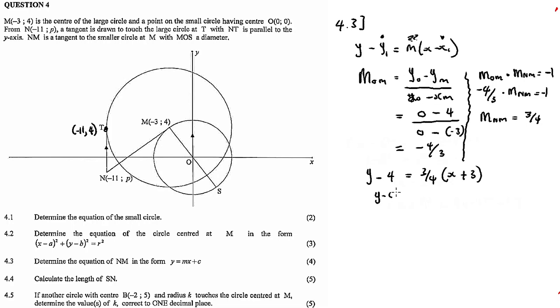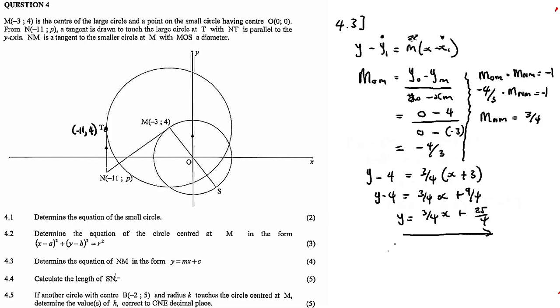We simplify: 3 over 4 x plus 9 over 4. y is equal to 3 over 4 x plus, when I transpose the 4 to the other side, 9 over 4 plus 4 gives me 25 over 4. So therefore this is the equation for NM.